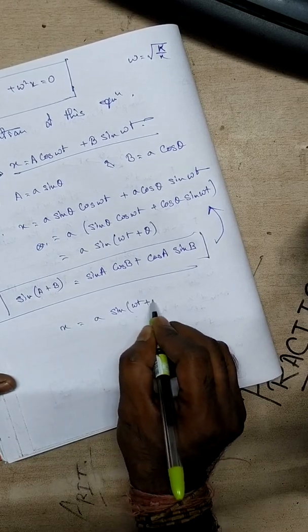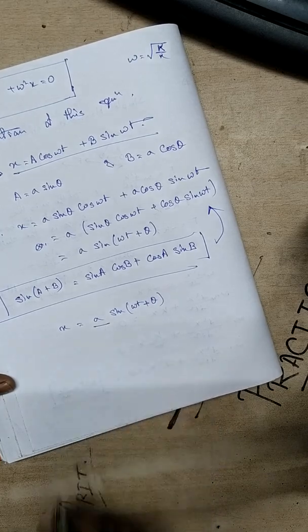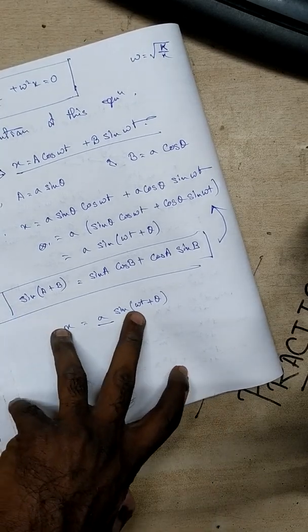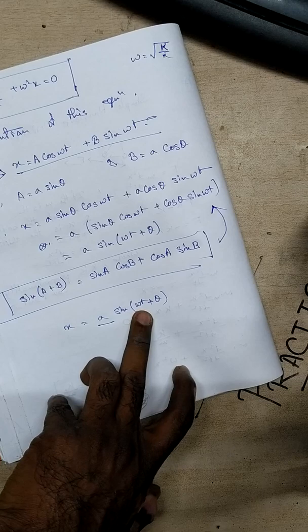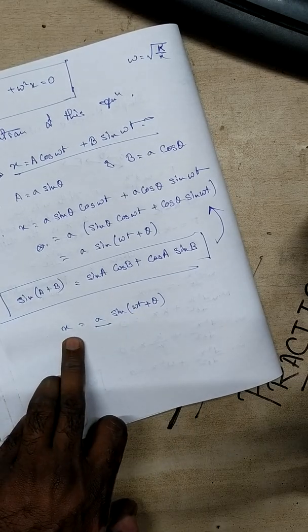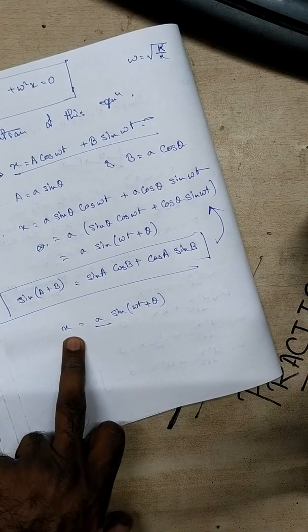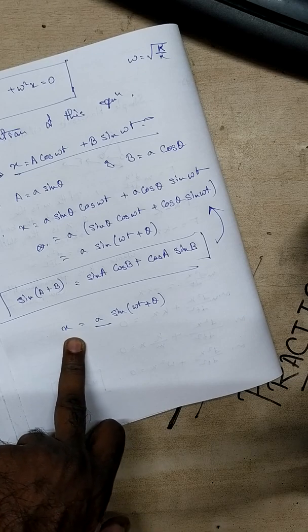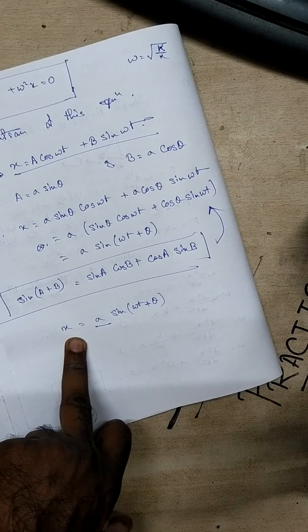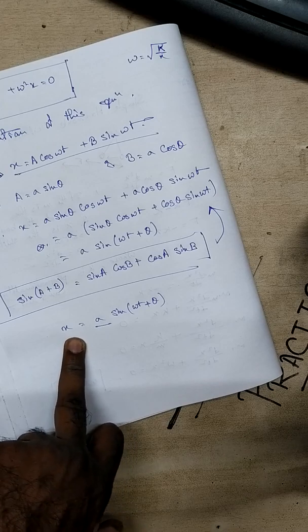simple harmonic oscillator, where A is the amplitude, omega is the angular frequency, t is the corresponding time, and x is the position of the body which is vibrating and follows simple harmonic oscillation.